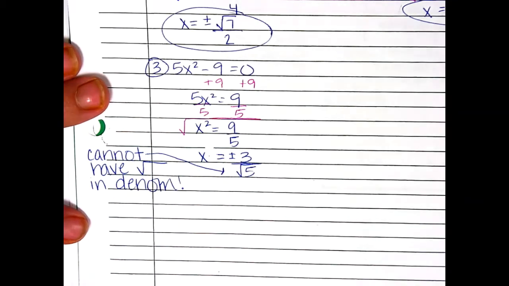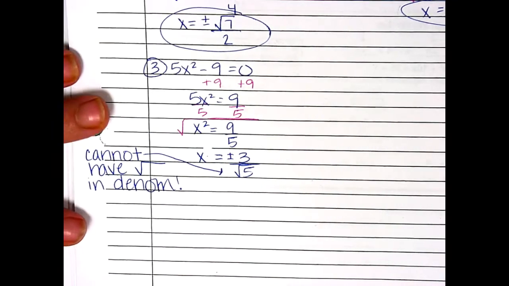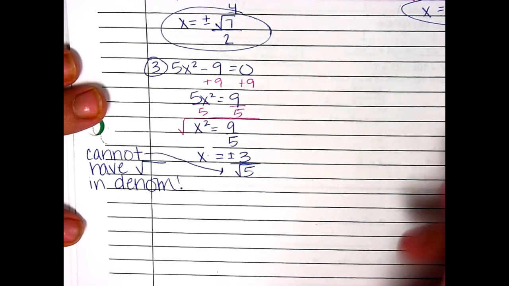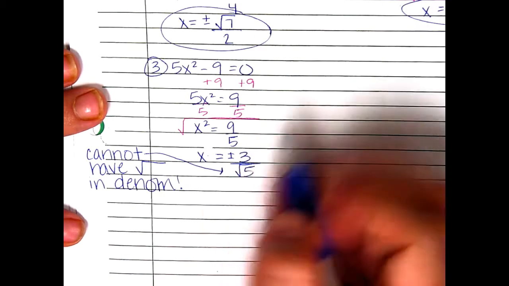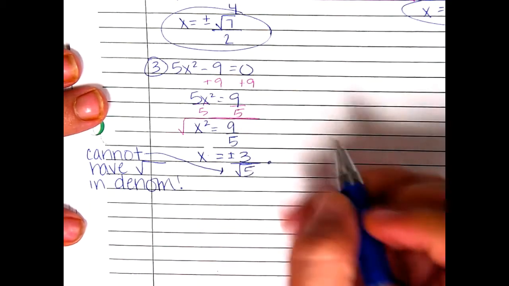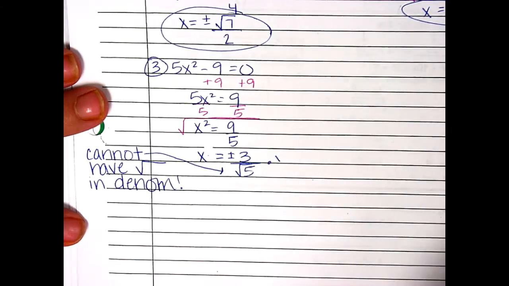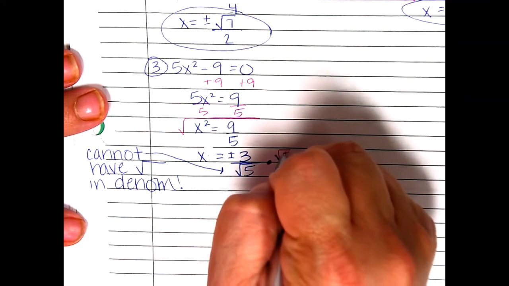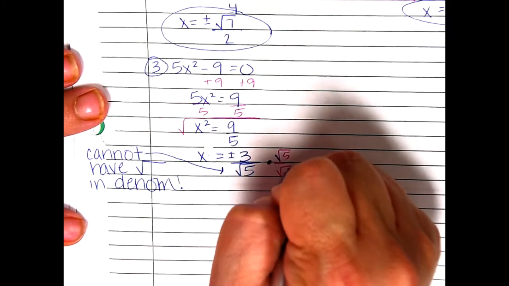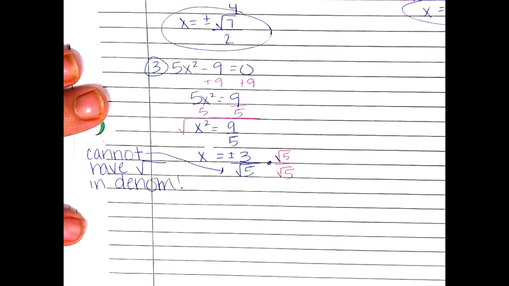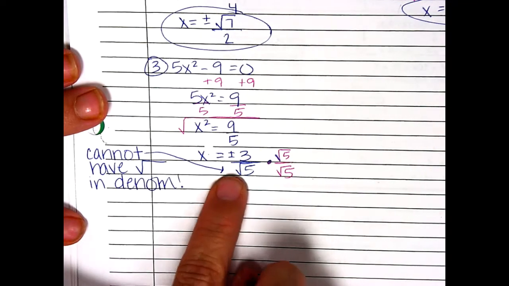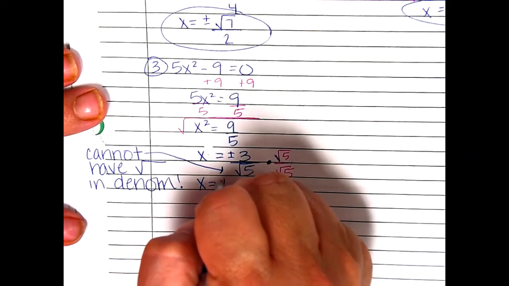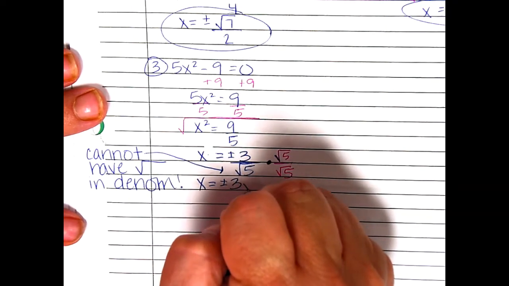Okay, so we know when we're working with equations, if I multiply by 1, I haven't changed anything. To cancel this out, what you do is you multiply by, let me switch colors, times radical 5 over radical 5. Let's go with the top first. So x equals positive or negative 3 radical 5.